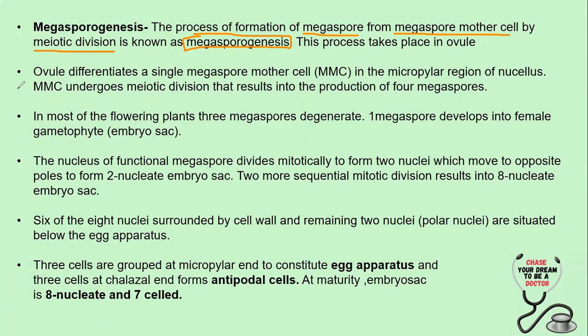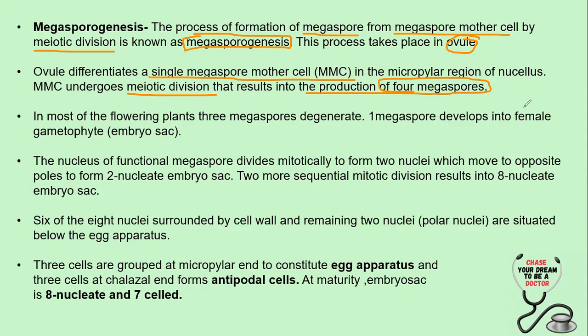By the process of meiotic division, which takes place inside the ovule, you will call it the process of megasporogenesis. The ovule differentiates into a single megaspore mother cell in the micropylar region. It will undergo meiotic division that results in the production of 4 megaspores. In microsporogenesis, these 4 microspores are expressed at the end.